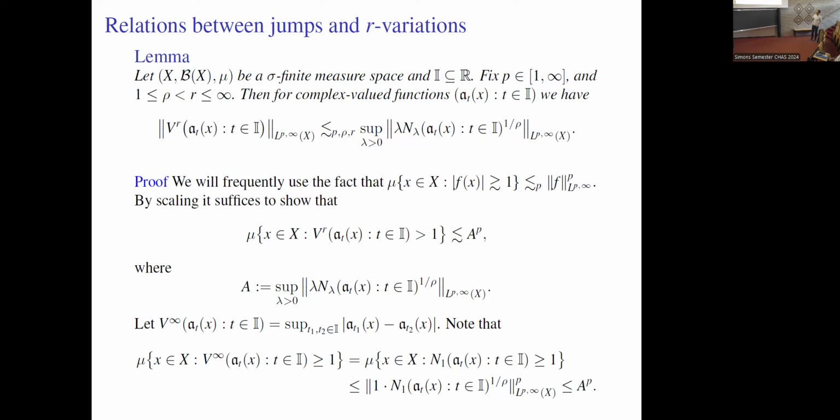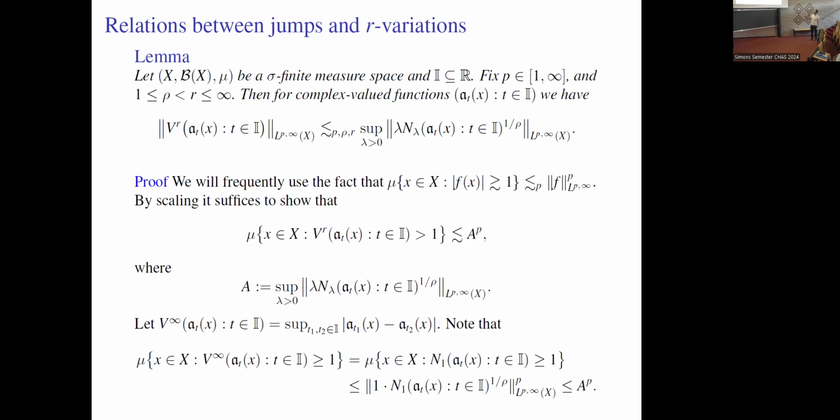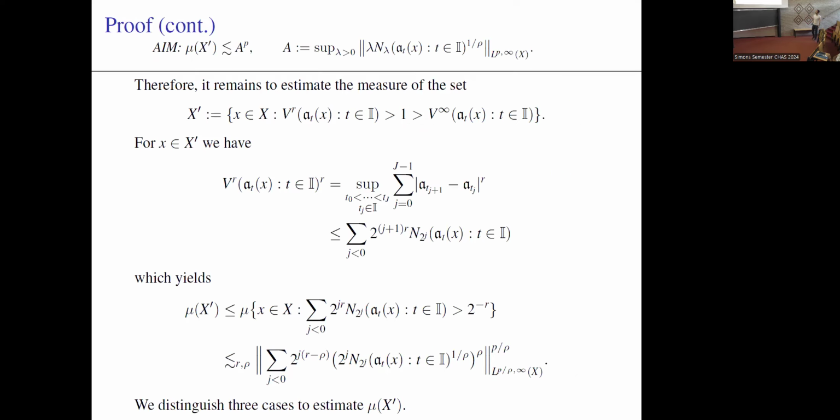It suffices to estimate the rest of our set, so we can additionally assume that V infinity is at most 1, which is exactly equivalent by the definition of V infinity to not having jumps of height larger than 1. Our aim is to prove that this set has a measure which is at most A to the power p.